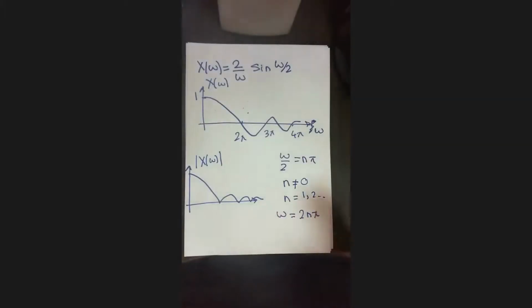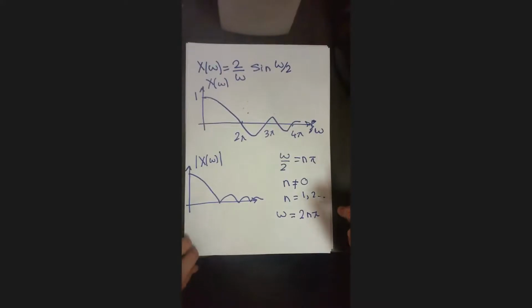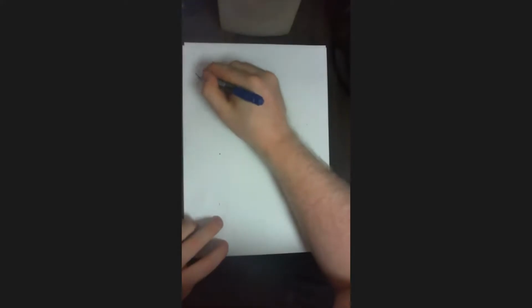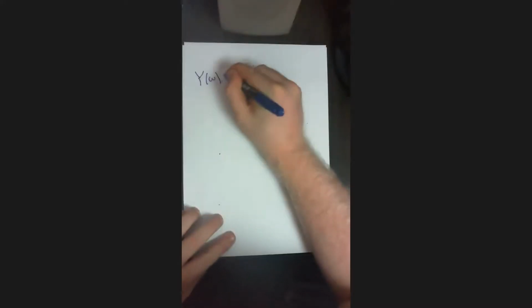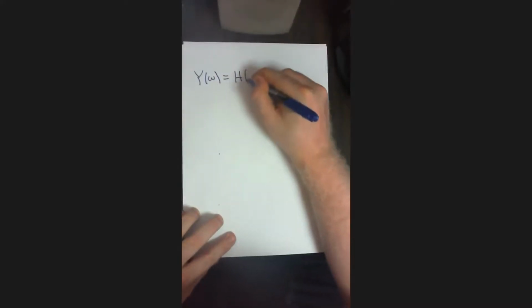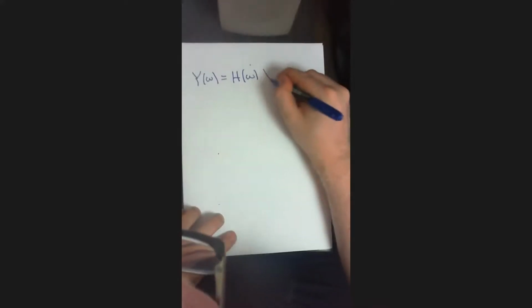What we are going to do is just multiply both signals together. So now our output, which is Y of omega, is simply the multiplication of H of omega times X of omega.